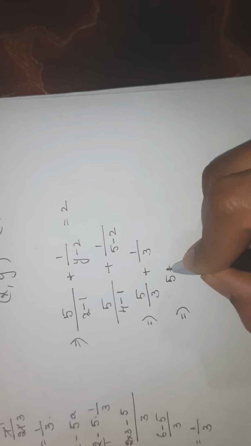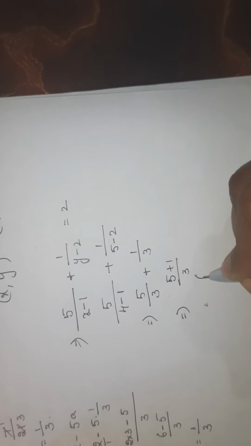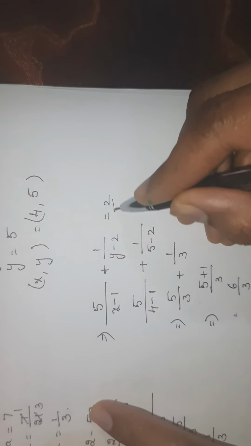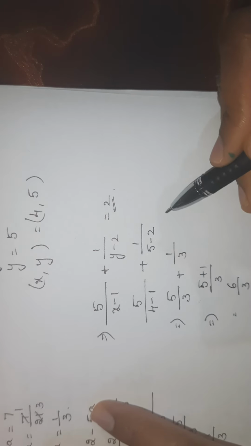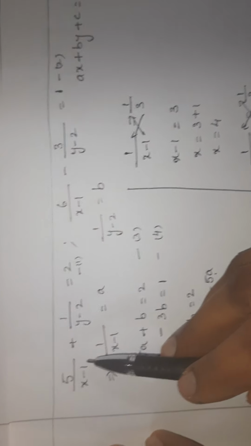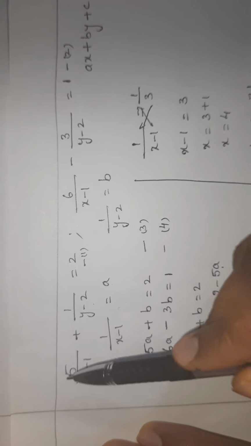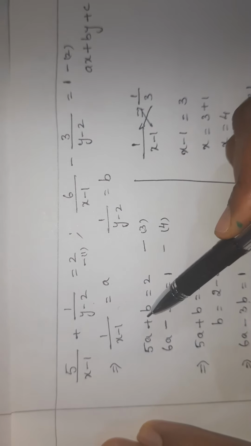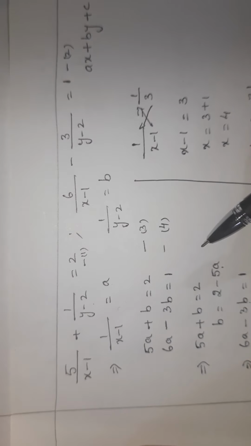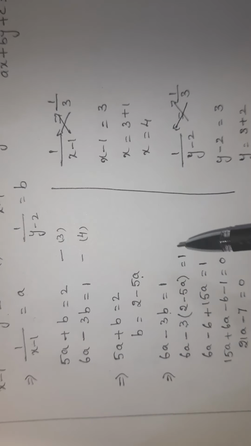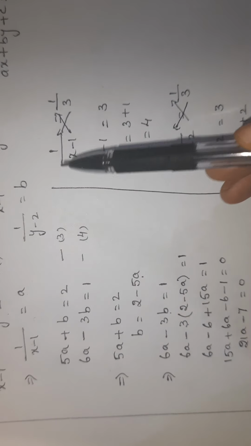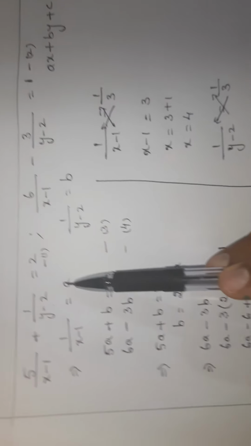As the denominators are equal, we can add the numerators. Therefore 5 plus 1 by 3, which is 6 by 3, that is 2. Therefore we get 2 here, so they are equal. So like this we have to transform the equations. Equations have to be reduced in the form of linear equations, and then we have to find the solutions. These are the solutions of equations reducible to a pair of linear equations in two variables.